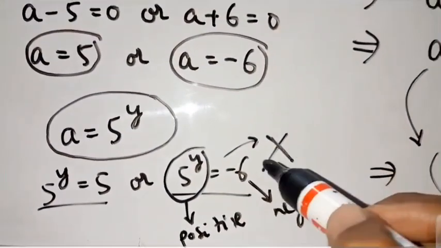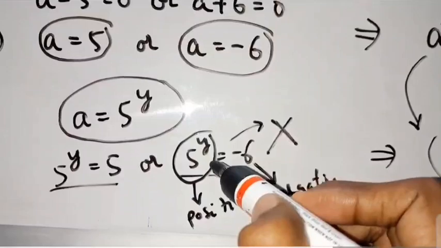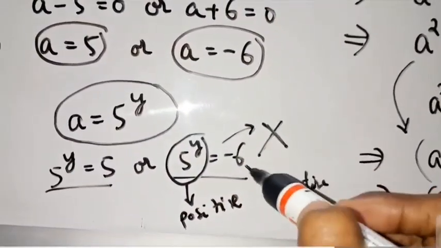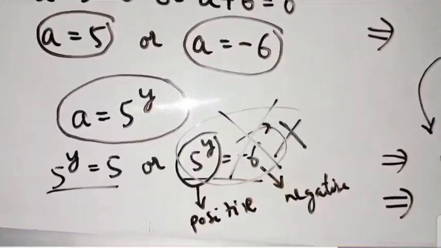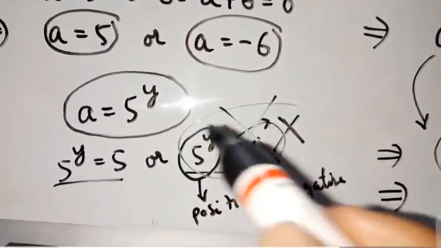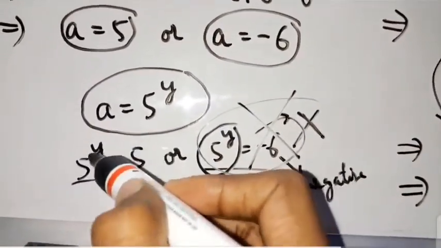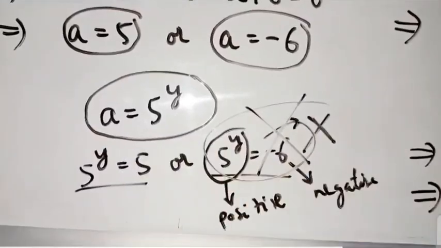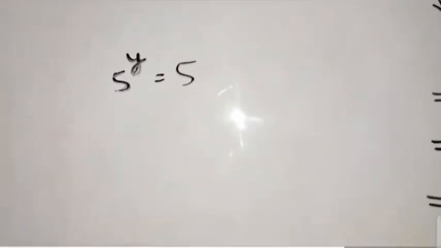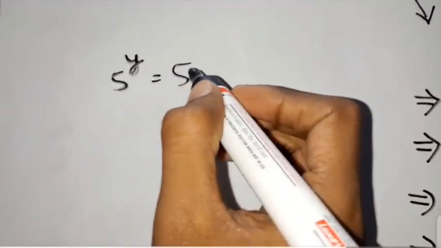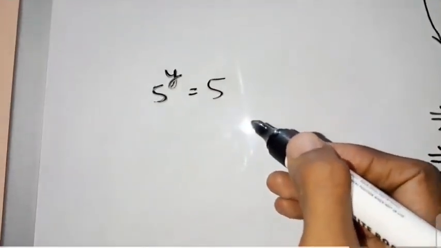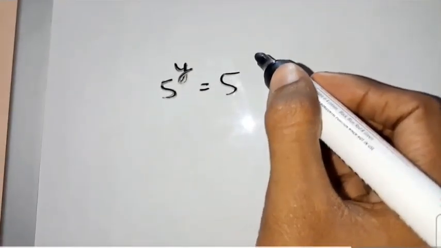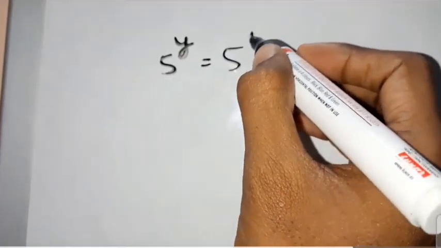It is incorrect because the left hand side 5 to the power y is positive and the right hand side is negative, so this case cannot be taken. So we are only left with 5 to the power y equals 5, from which we can directly write y is 1, because it is 5 to the power 1.